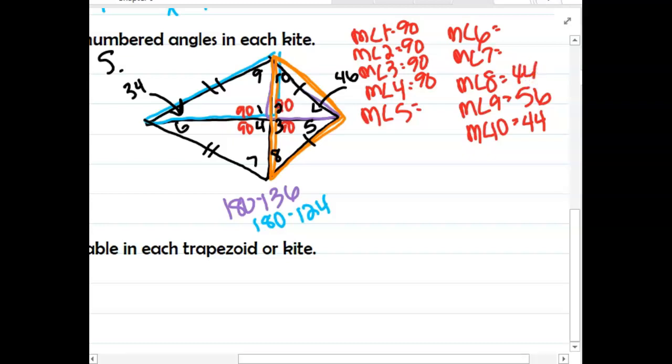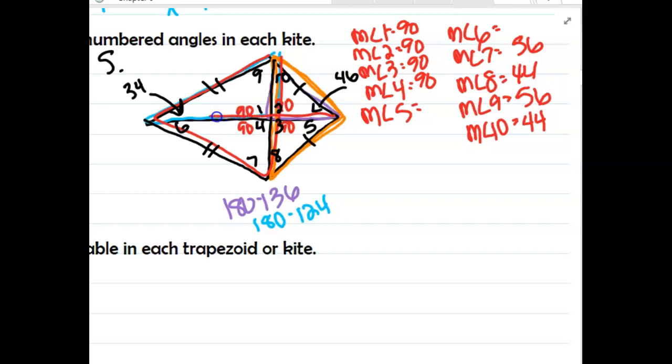And we can do the same thing for angle 7, because over here on the left-hand side, this is also an isosceles triangle. So if angle 9 is 56, what's angle 7? 56.